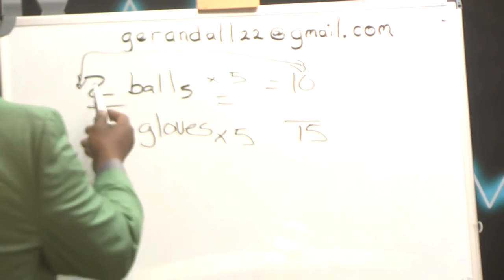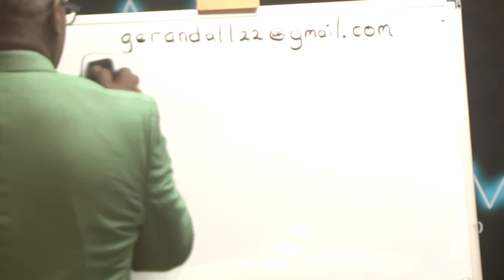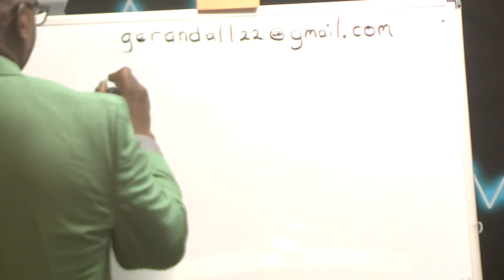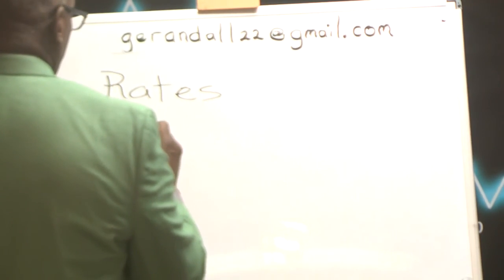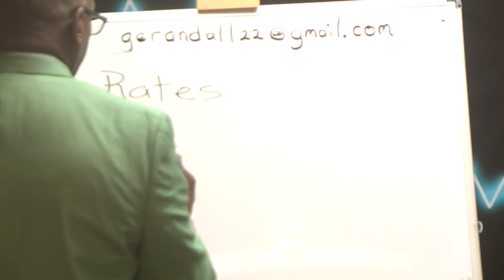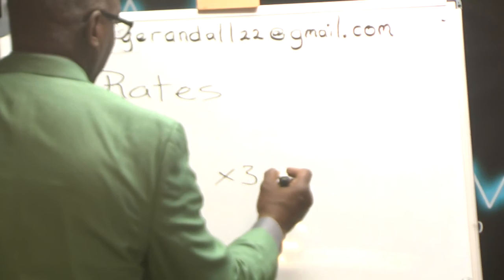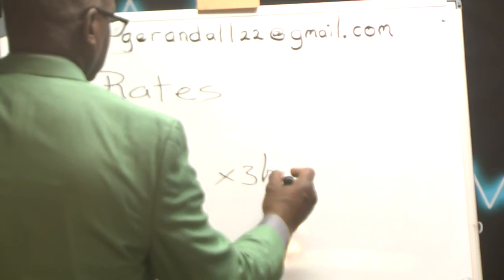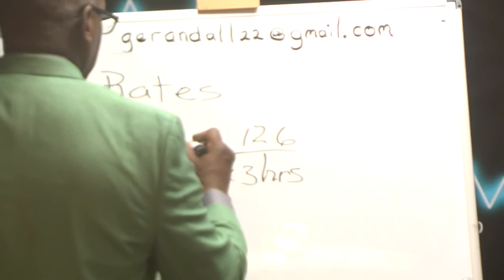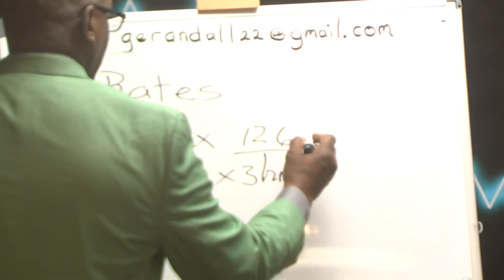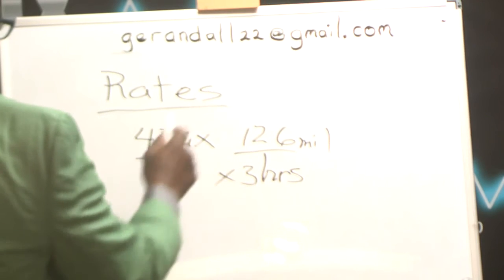Ratio. Rates. 42 miles per hour. How far will we travel in 3 hours? 126 miles. And that was rates.